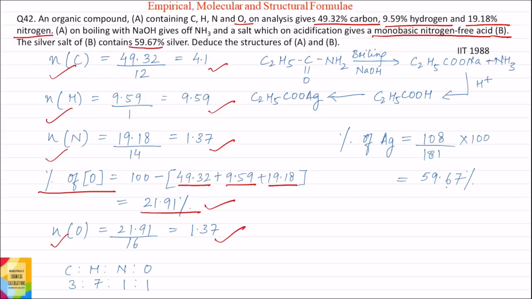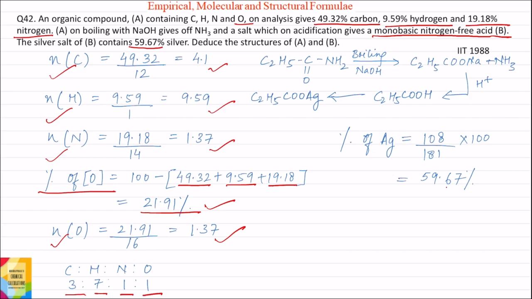Among these moles, 1.37 is the least value, so we divide all of them by 1.37. We get the simple ratio of the moles of carbon, hydrogen, nitrogen and oxygen, which is equal to 3:7:1:1. Now, in the reaction, boiling of A with NaOH gives off ammonia and a salt.